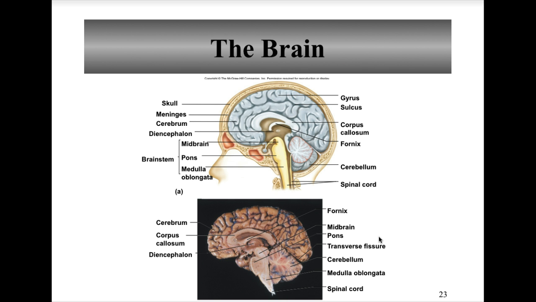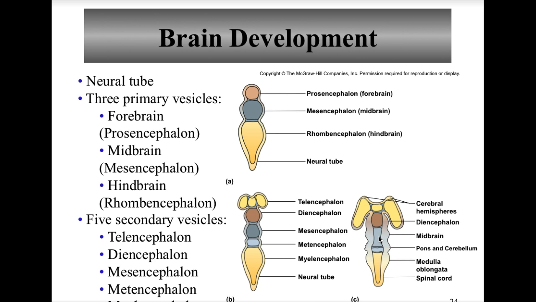The brain is composed of 4 major portions: the cerebrum, cerebellum, diencephalon, and the brainstem. Before we start breaking down the brain parts, let's look at brain development.